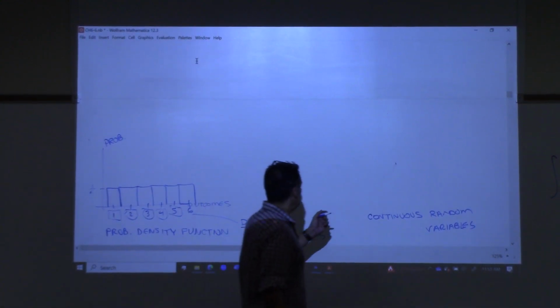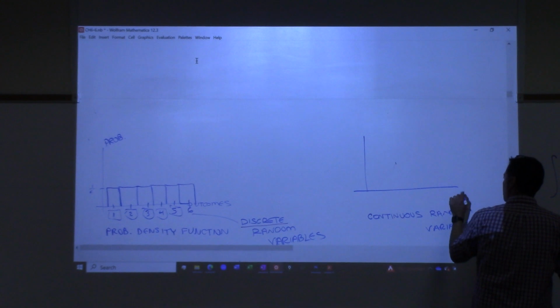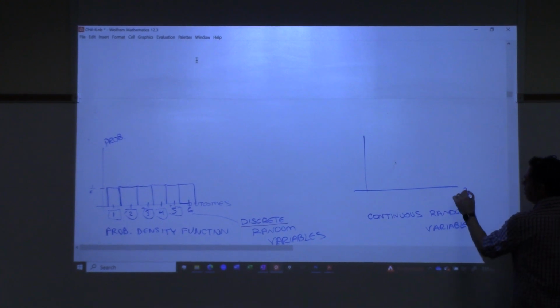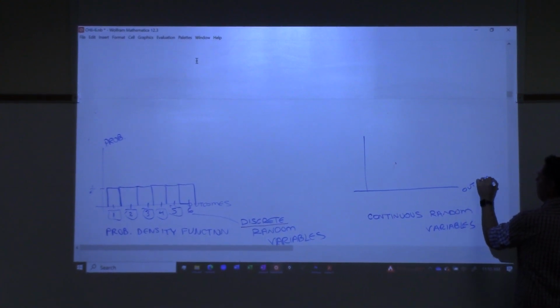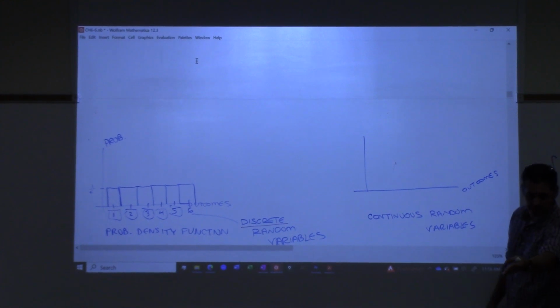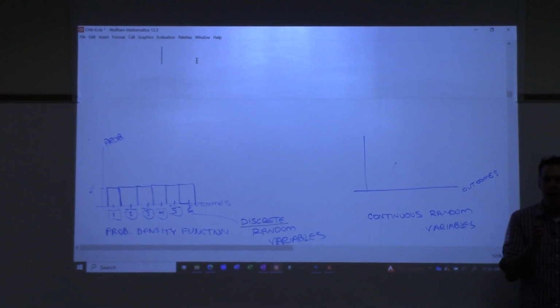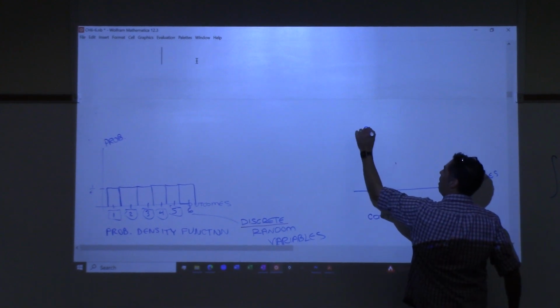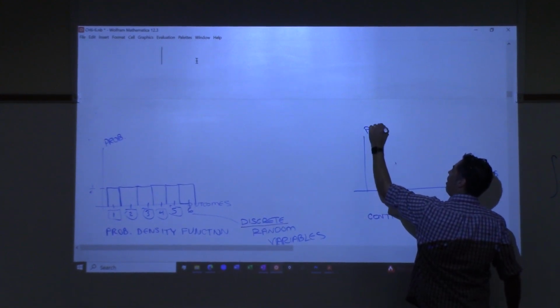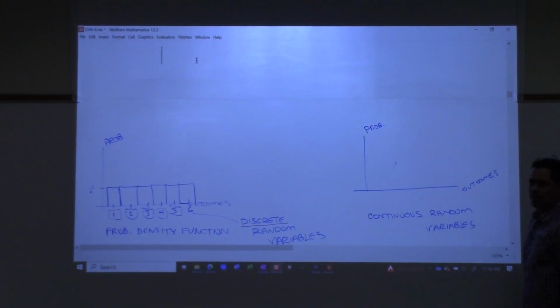So if I look at something like this, let's say this is the outcomes. I'm going to take some cans of soda, right? And I'm going to measure the number of ounces in them with a very, very high precision instrument, right? And then I'm going to have over here the probability that you actually hit that, right?